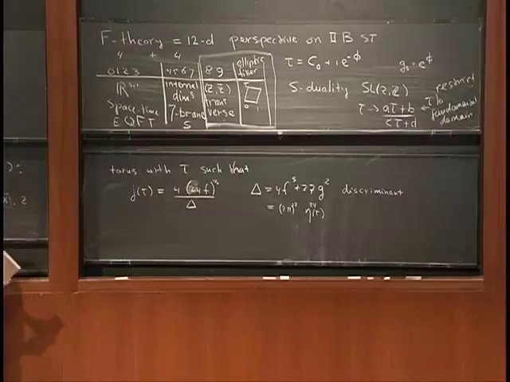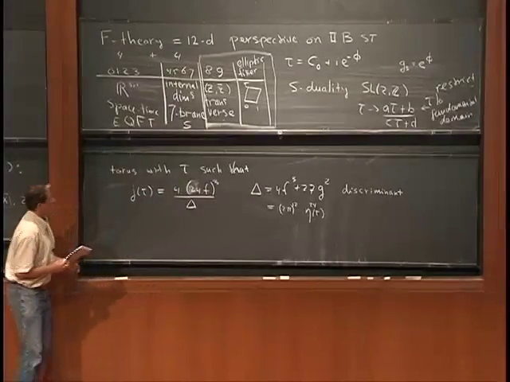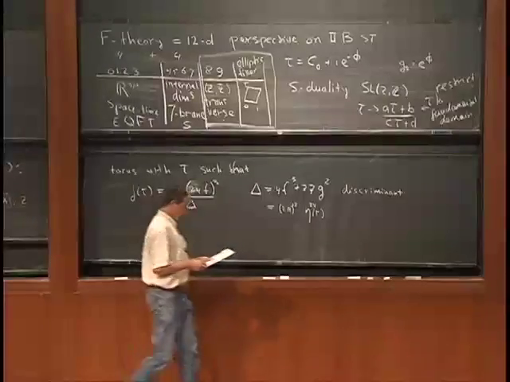Anyway, the main point to remember is that for given functions f and g of z, if I move around z, I will get a certain value for tau by a particular relation. This is one way in which we can parameterize what we call this elliptic fibration, where over the complex plane, at every point there's a torus that sits there, and the shape of the torus is changing with the location z.